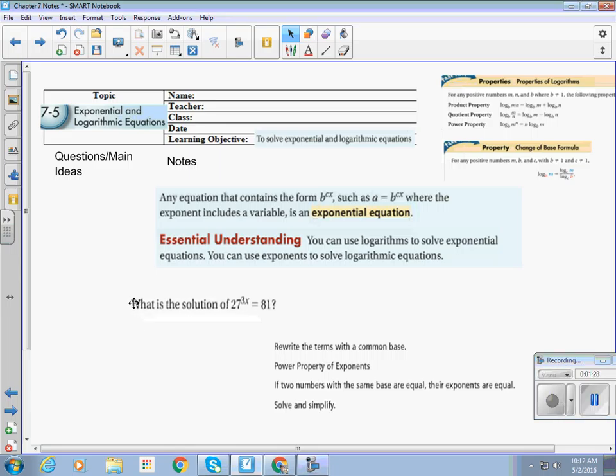So we're going to take a look at this problem. What is the solution of 27 to the 3x equals 81? So the first thing we're going to do is rewrite the terms with a common base.